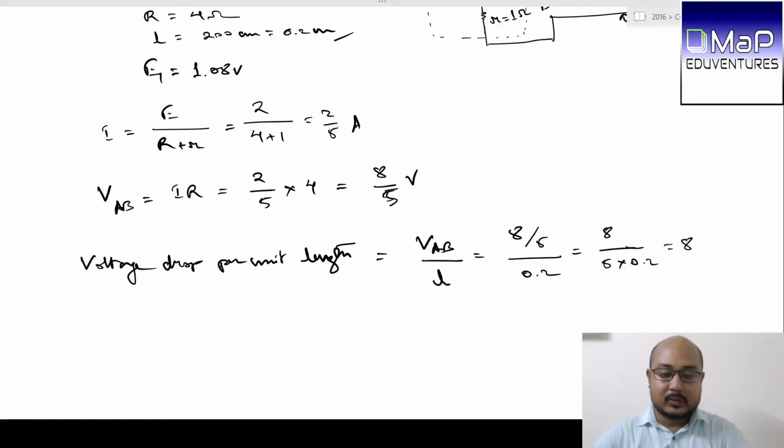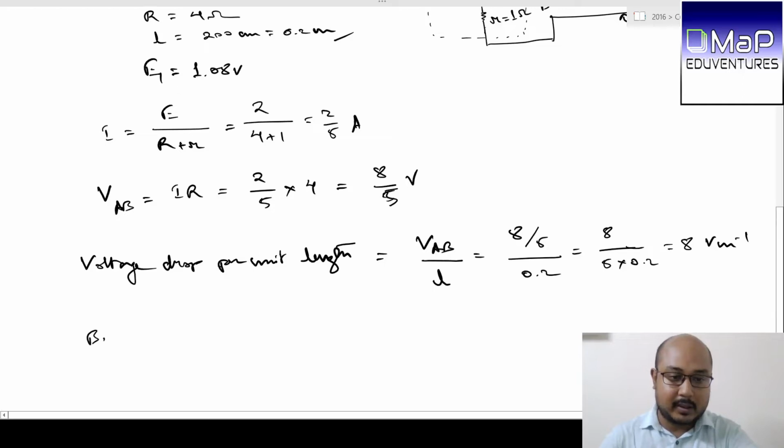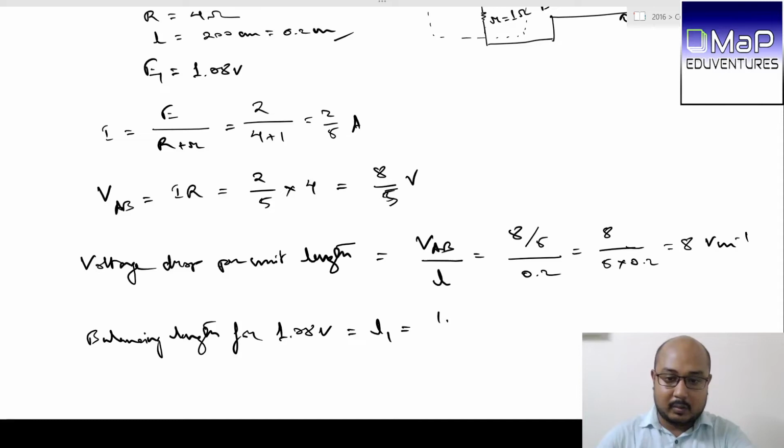Okay, so this is the length of the potentiometer, so this is the voltage drop per unit length. Okay, so now in order to balance a voltage of 1.08 volt, the balancing length for 1.08 volt is equal to, suppose we call it L1, this L1 is equal to 1.08 volt divided by 8.